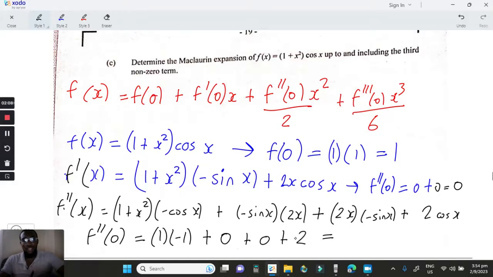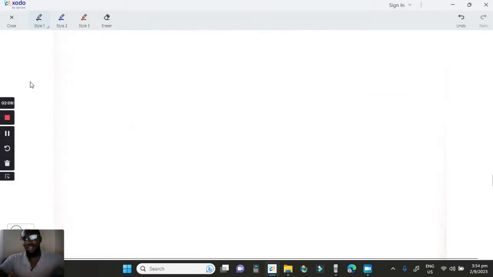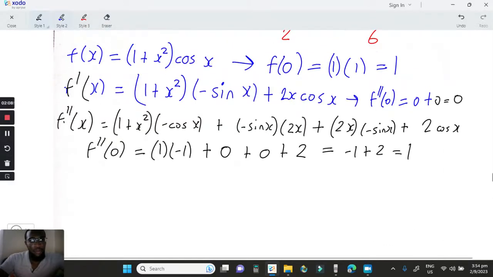So this is now 1 times negative 1 is negative 1 plus 2, which is 1. So far it's working out boring. So we have f of 0 and we have f double prime. So we need to go one more time.